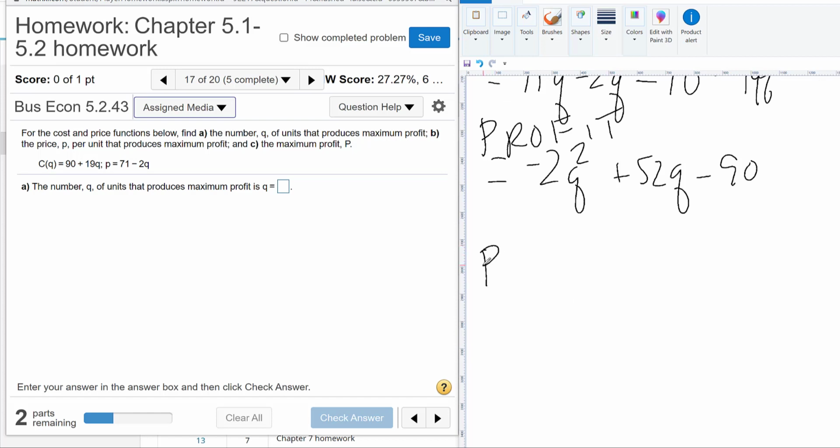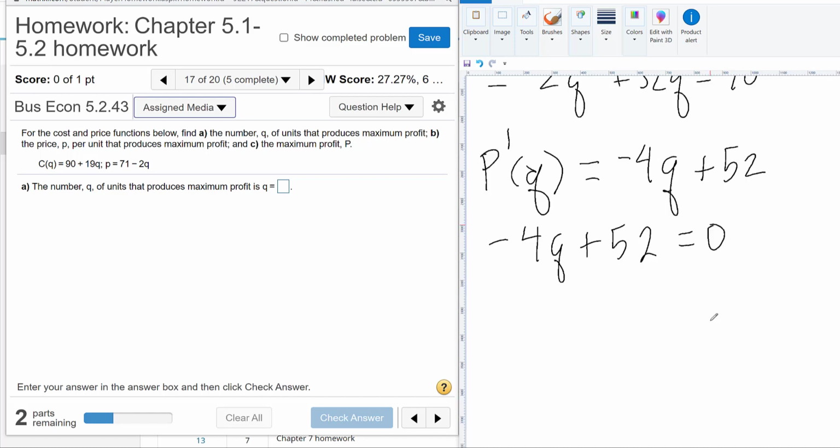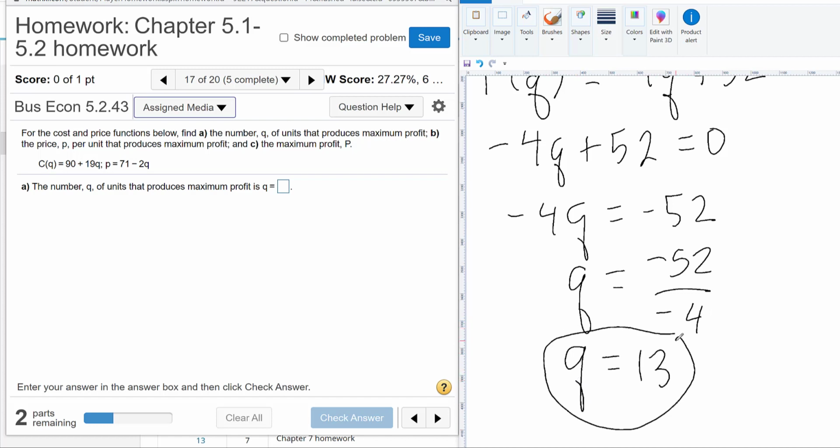So P prime of Q this time, not of X, but of Q, is negative 4Q plus 52. Negative 4Q plus 52 equals 0. Negative 4Q equals negative 52. Q equals negative 52 divided by negative 4. So Q is 13. So our quantity is 13.